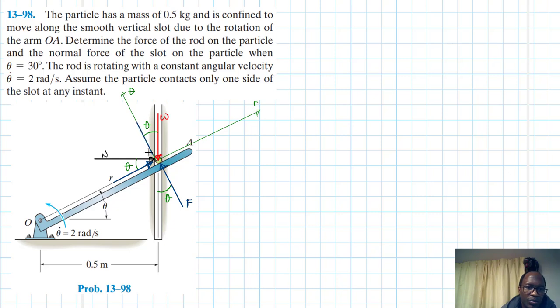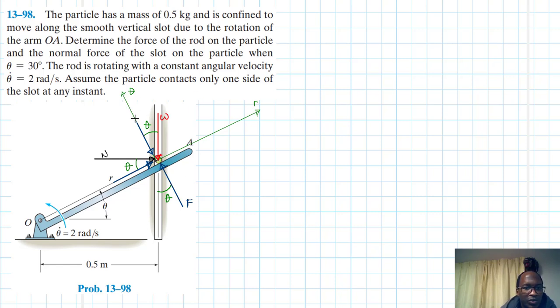So these are the components of N. And then we'll have components of F. F is already in this direction, so F will not have any component.